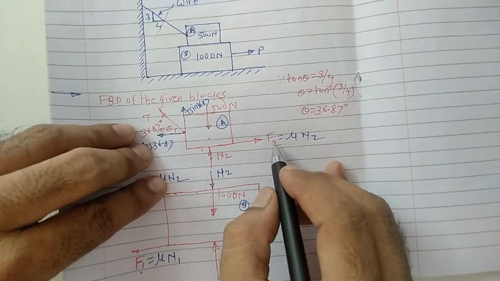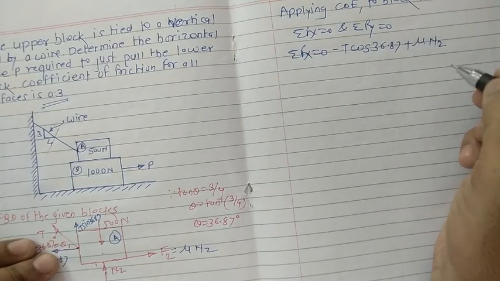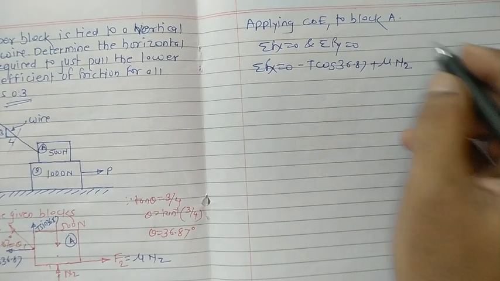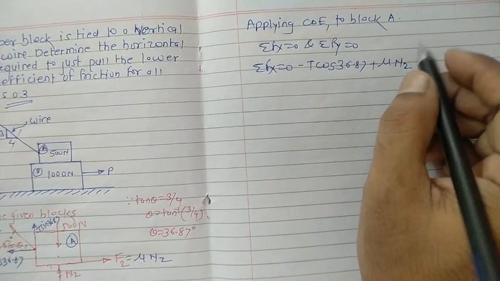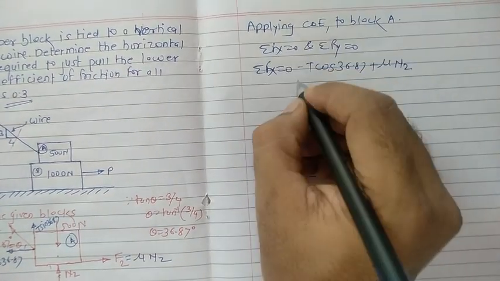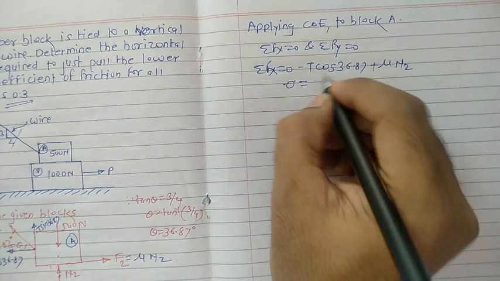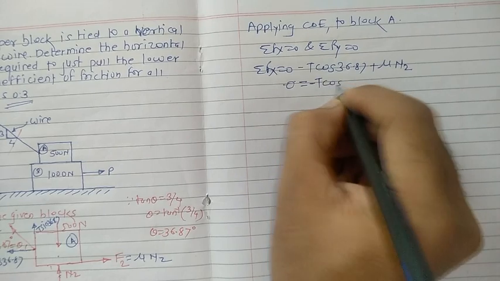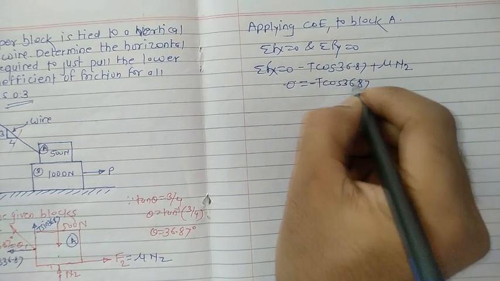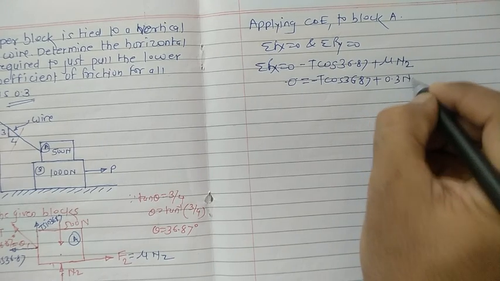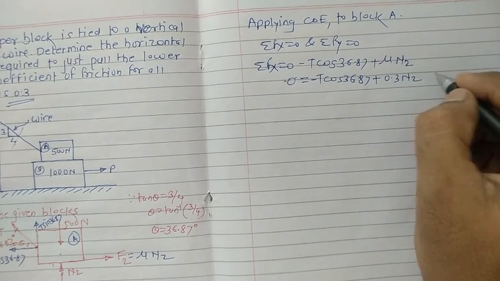Instead of writing F2, we can replace F2 by mu into N2. So we can simplify the equation: 0 equals minus T cos 36.87 plus mu, which we know is 0.3, into N2. Call this equation number 1.